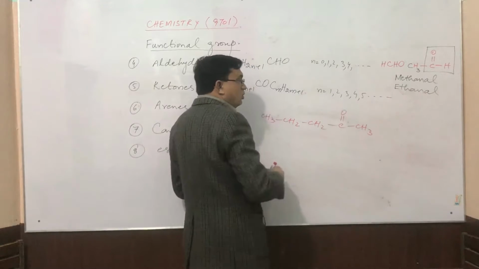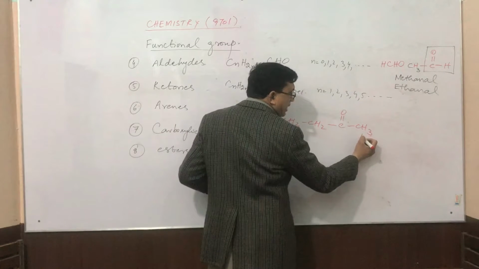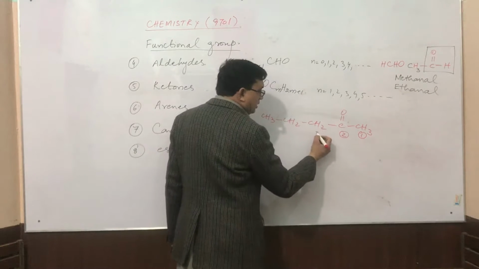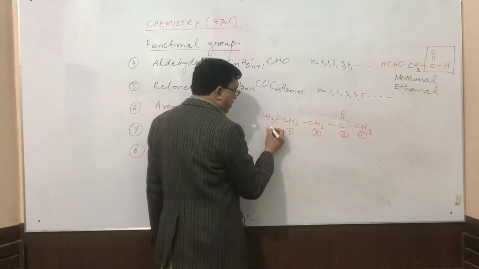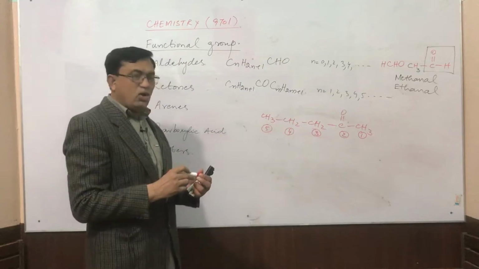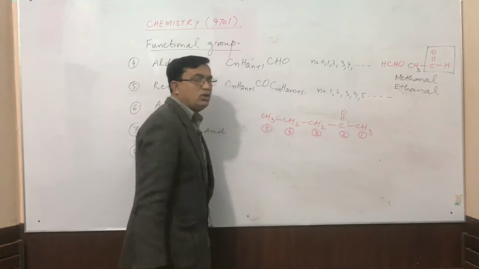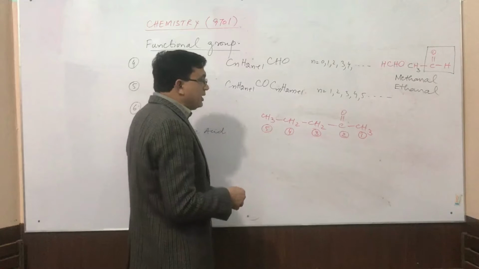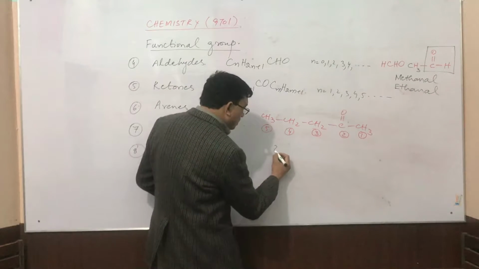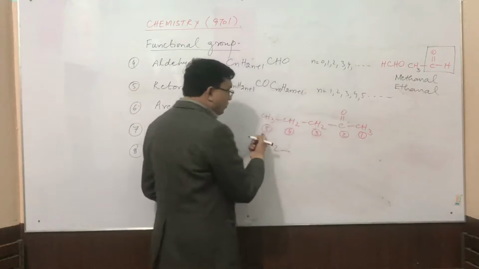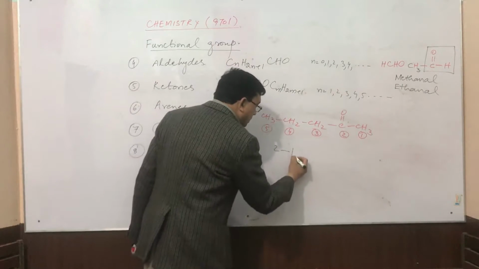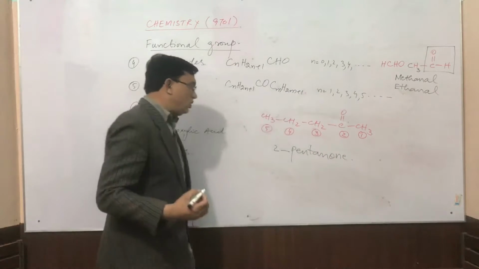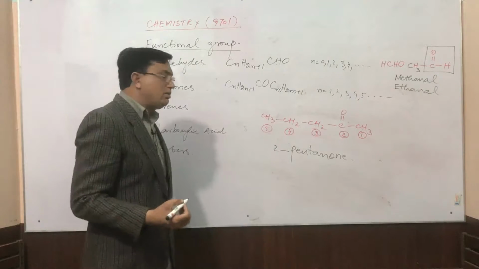As this is the functional group, we will start from this carbon atom as number 1, then 2, 3, 4, 5. From this side numbering will be wrong because the functional group is present on the closer side from the other side. Now the name of this compound will be written as 2, and the total number of carbon atoms is 5, that's why the name will be 2-pentanone. This will be the name of this compound.